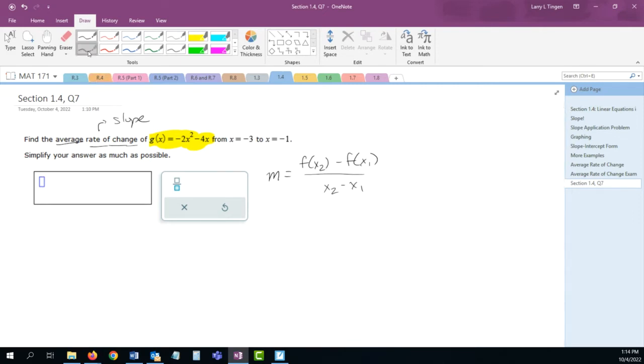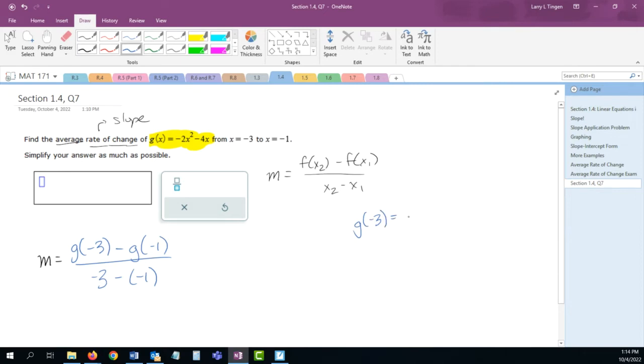For our problem, our function's name is g of x. So for this specific problem, we can look at this as g at -3 minus g at -1 over -3 minus -1. And then we'll come out here to the side and deal with these values.